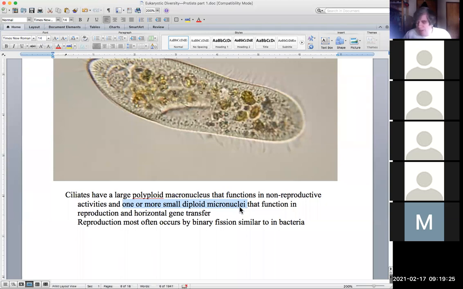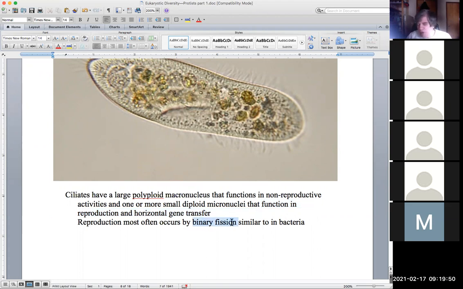If one of them has 10 chromosomes, the other might have 20 or 30 or 40. It's polyploid. The micronuclei function in reproduction and horizontal gene transfer. So remember, when we talked about bacteria, we discussed horizontal gene transfer, changing the DNA of cells without reproducing.